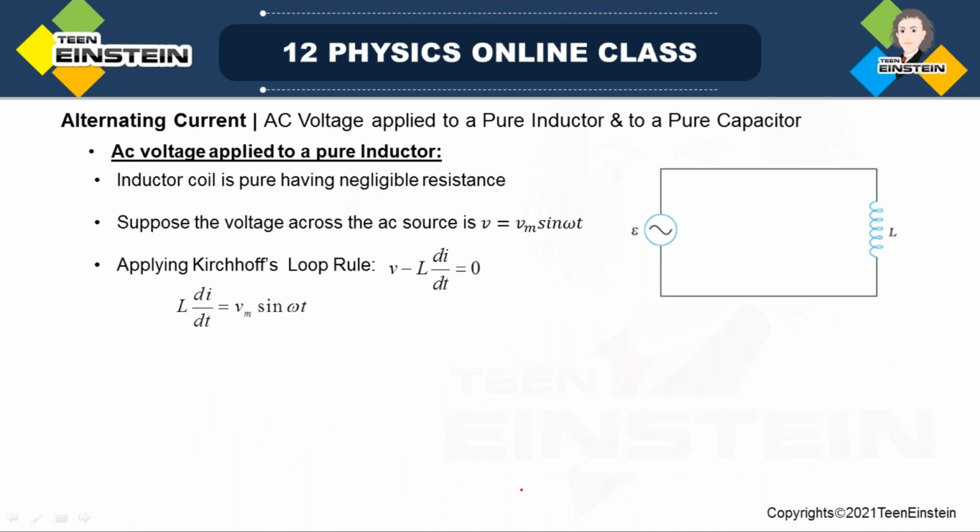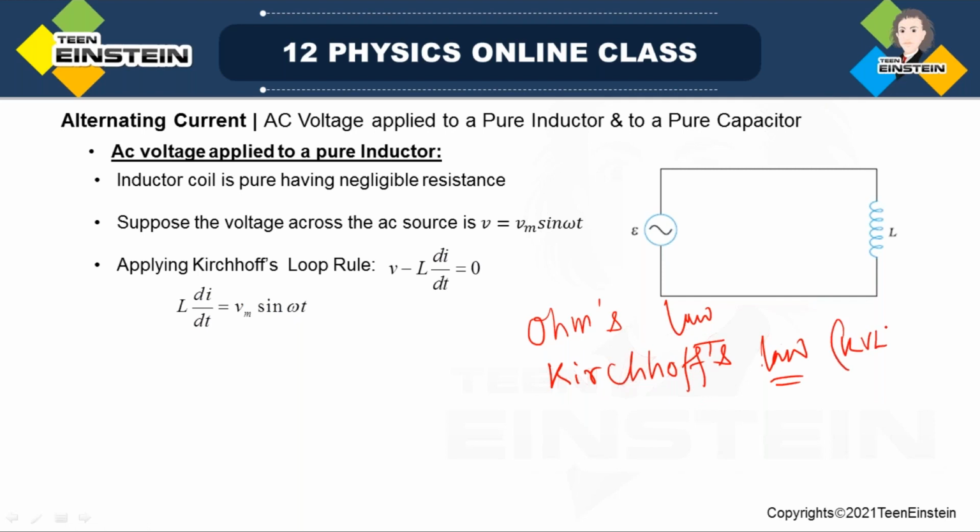Okay, let us see. If we want to know the current in the circuit, either we have to apply Ohm's law or we have to apply Kirchhoff's law, Kirchhoff's voltage law or Kirchhoff's loop rule. Basically KVL we have to apply.